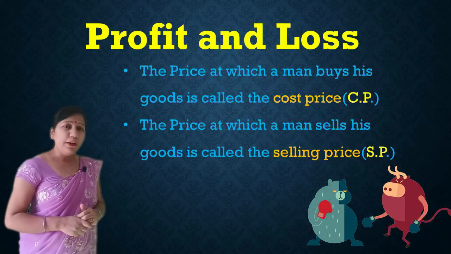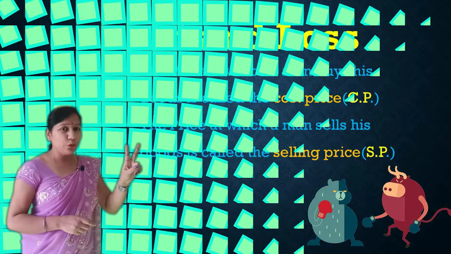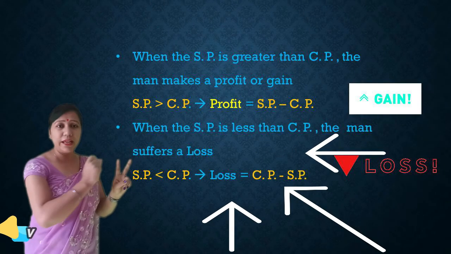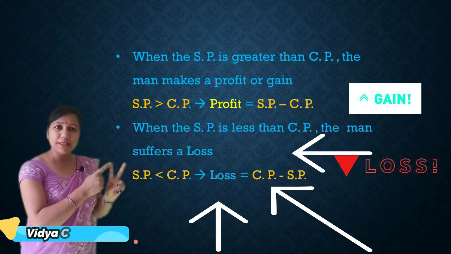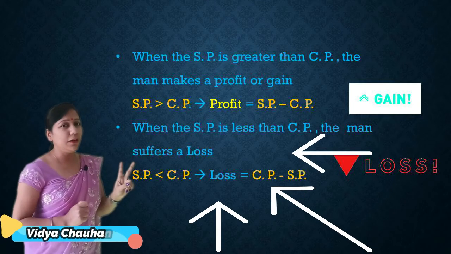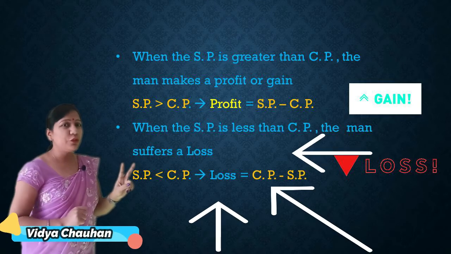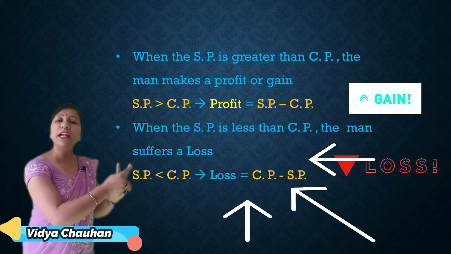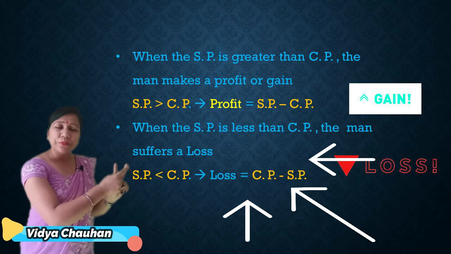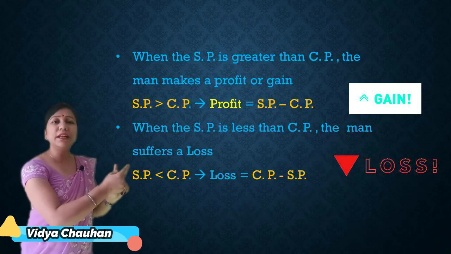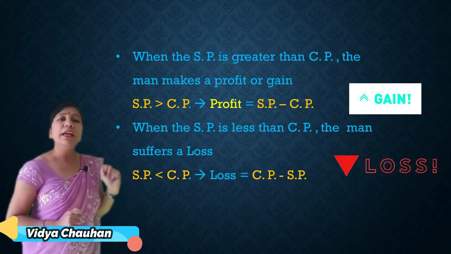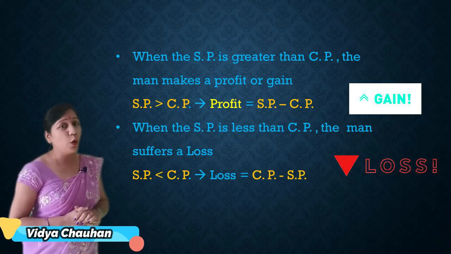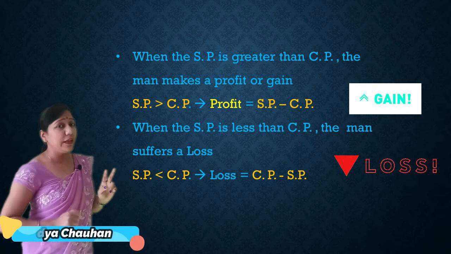Now, as we have taken two cases, if CP is greater than SP, that is, if cost price is greater than selling price, like the example in which the shopkeeper purchased the good for 20 rupees and sold at 15 rupees only, that means CP is greater than SP. In that case, it is called a loss. That's a loss because CP is greater than SP.